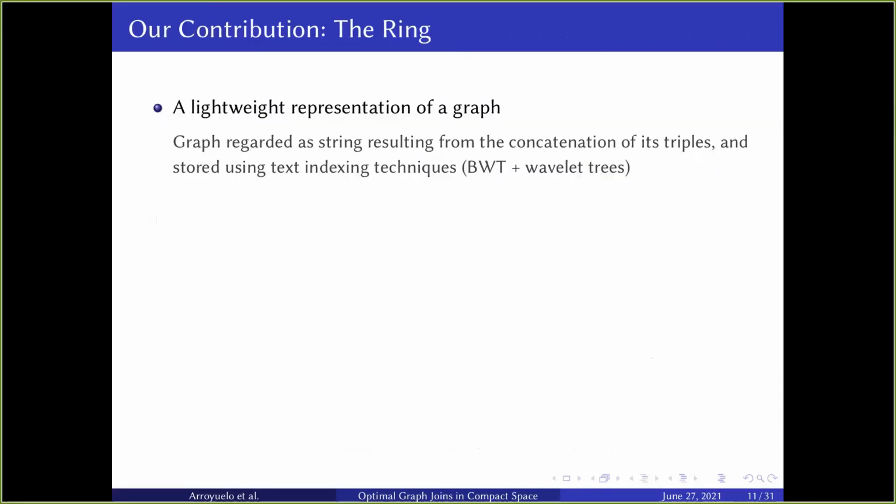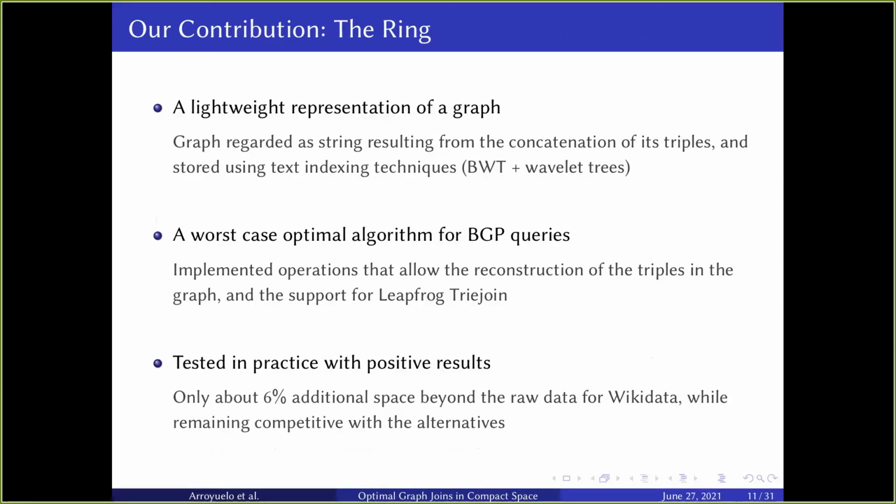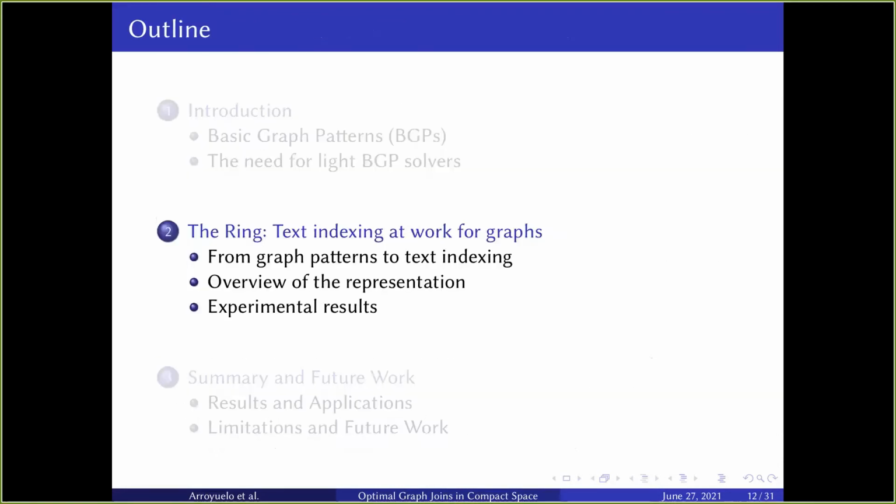So in this work, we present a compact representation of the graph based on text indexing techniques which can evaluate BGP queries in worst-case optimal time, which we implemented in a prototype in practice with very positive results. So in the remainder of this talk, I will give you a brief overview of the techniques that we use in our data structure together with some experimental results.